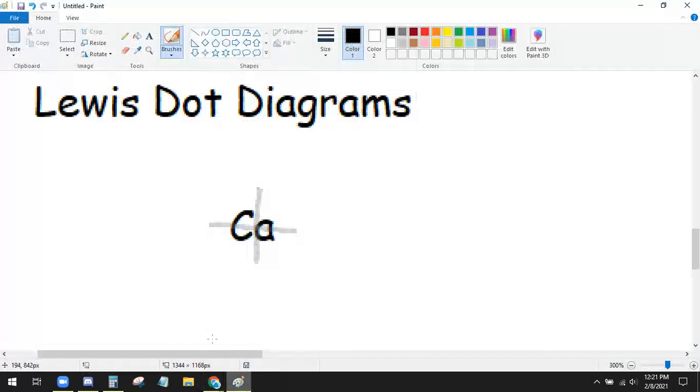Well, calcium, it's not so hard because calcium, starting at the top and going round, 1, 2. Calcium only has 2, so this is what calcium's Lewis dot diagram looks like. Okay? I don't have any more to add around it, so that's what it is.